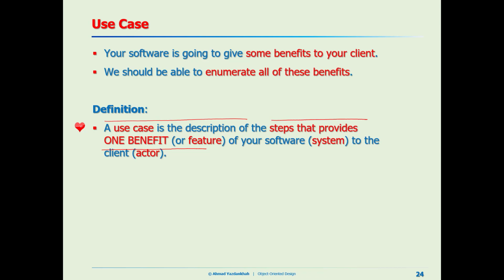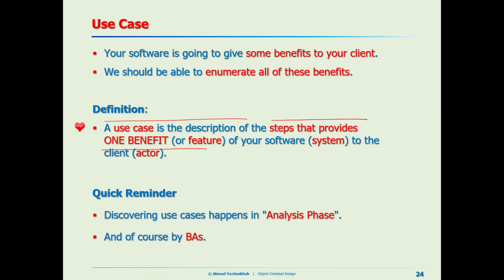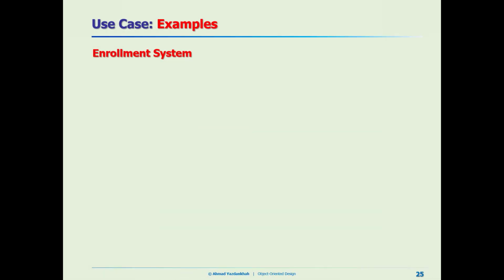Okay, I will take some examples to clarify that, but just remember that we are still in the analysis phase. And also you should remember that the BA is going to write all of these, the use cases.